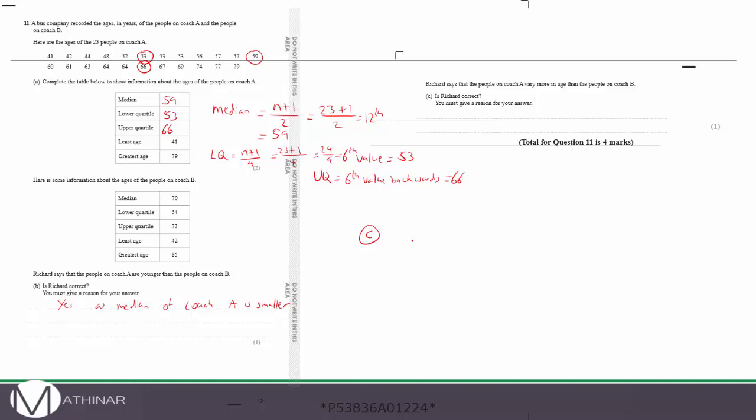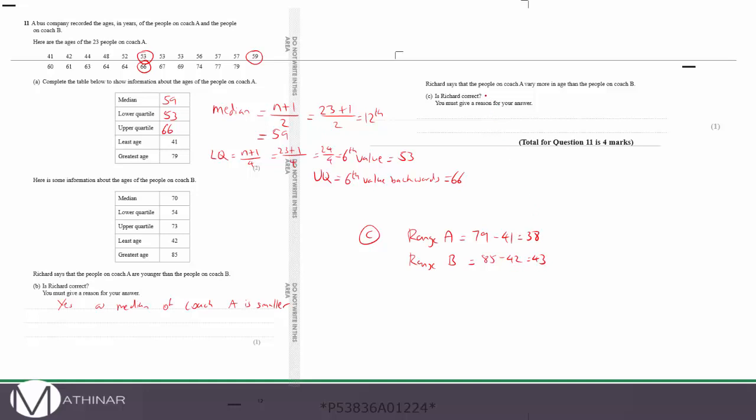Let's look at the range. The range of coach A is highest, take away lowest. So 79, take away 41, which is 38. What's the range of coach B? 85, take away 42.